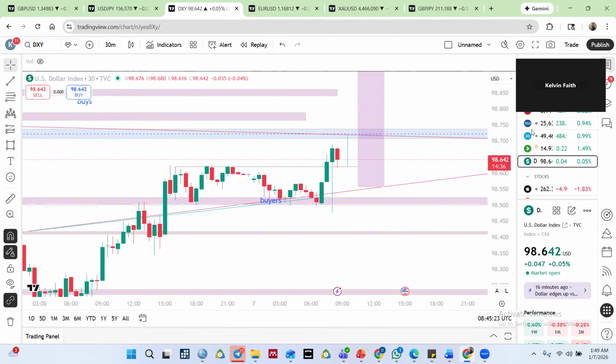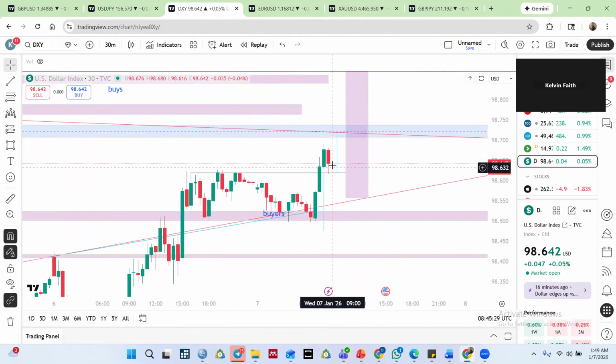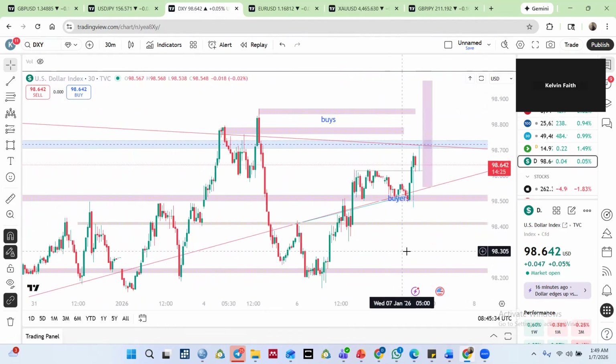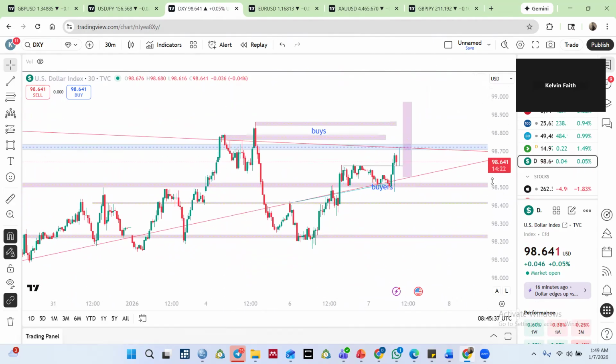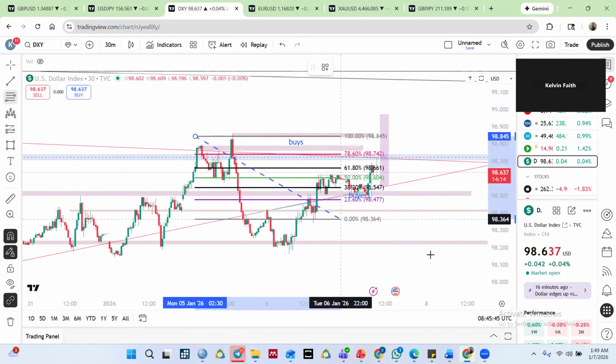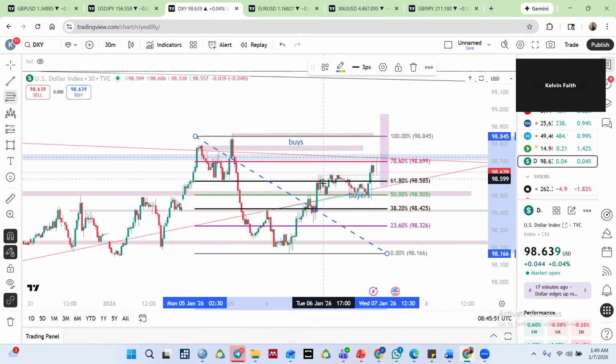DXY. The DXY. It's going to drop, crash this area.